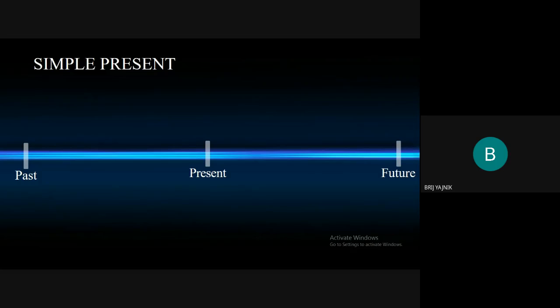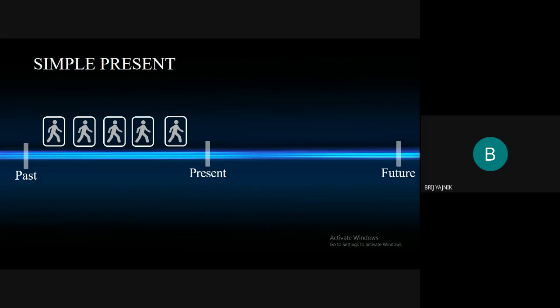Let's say this is one action, and this action maybe started in the past, and then it's repeated again and again and again till the present. So this is kind of an everyday action, and we use simple present tense to talk about everyday actions. Everybody knows about it. This is very simple and easy.